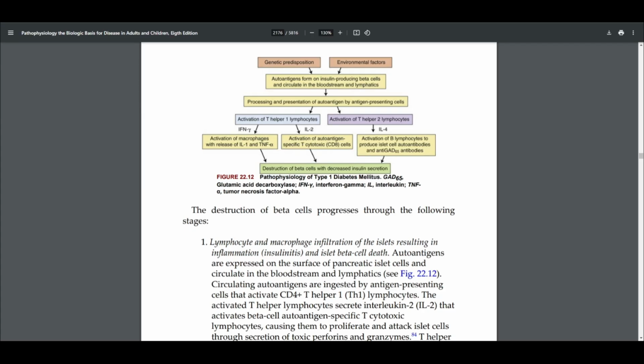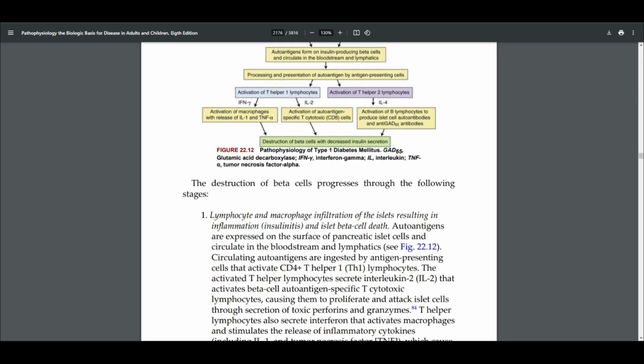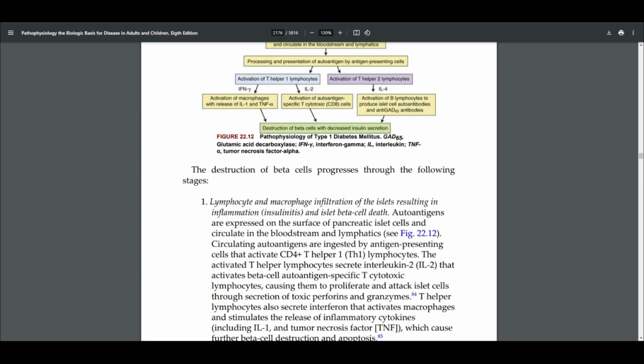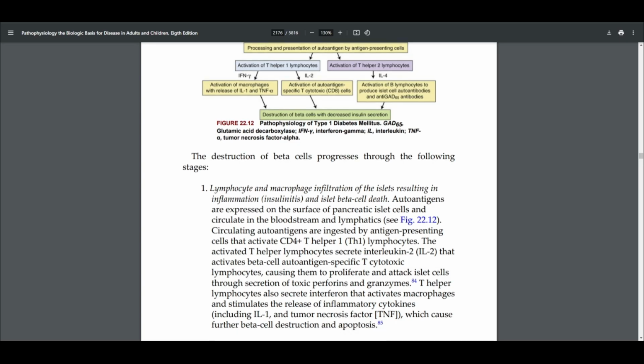Circulating autoantigens are ingested by antigen-presenting cells that activate the CD4 plus T helper 1 lymphocytes. The activated T helper lymphocytes secrete interleukin 2 that activates beta cell autoantigen specific T cytotoxic lymphocytes, causing them to proliferate and attack islet cells through secretion of toxic perforins and granzymes.